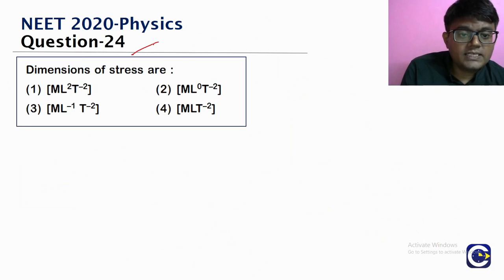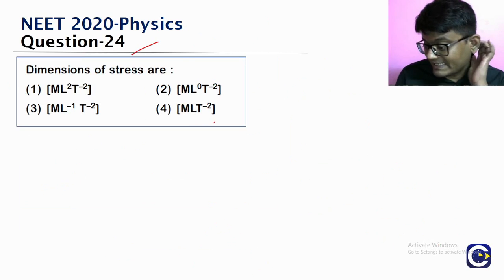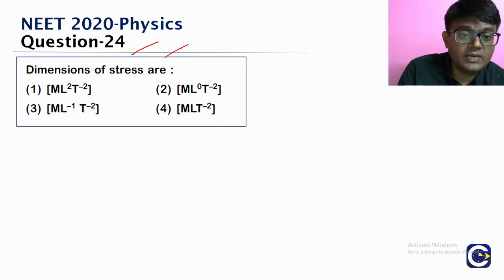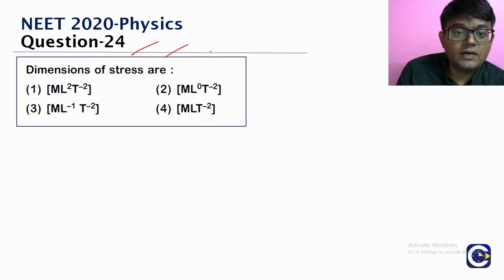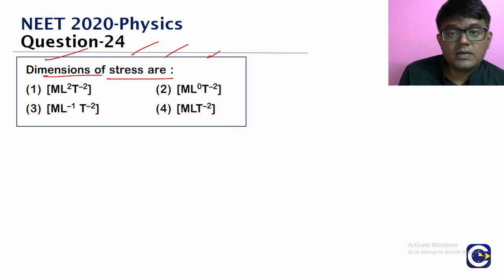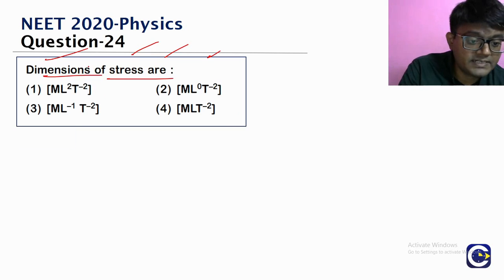This question is given as an example in various analyses to indicate that the NEET 2020 paper is probably one of the easiest papers, because this is a question we see very often. While practicing dimensional formulas, we keep looking at some common quantities. We have to find the dimensional formula for stress.